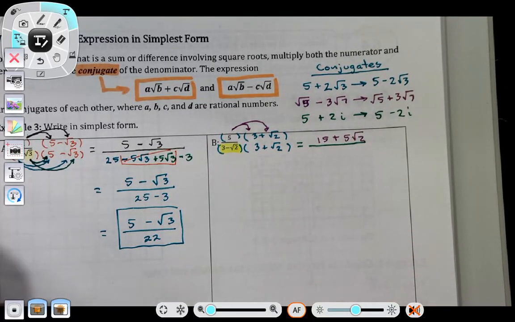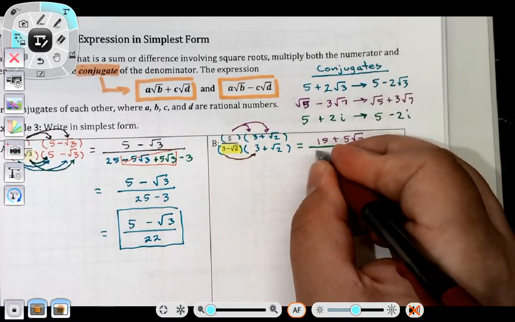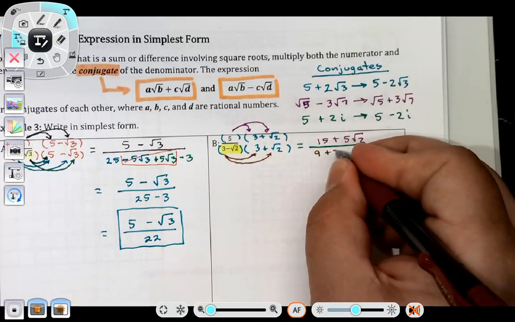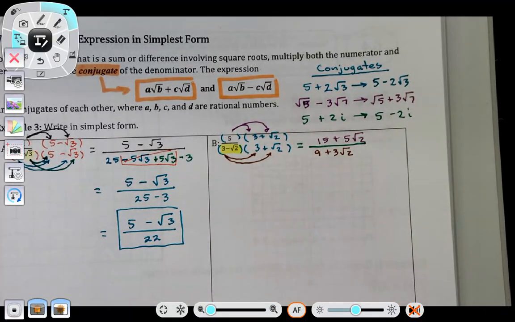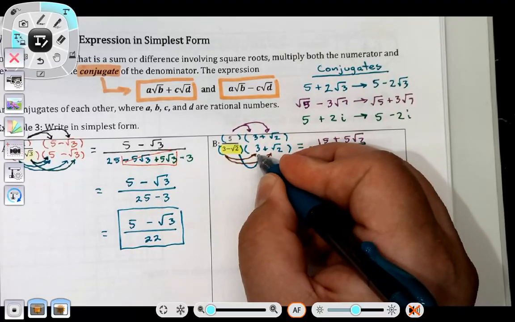All right, Brandon. What is 3 times 3? And Brandon, what's 3 times radical 2? So positive 3 rad 2. And then, of course, Jacob, what is negative radical 2 times 3?